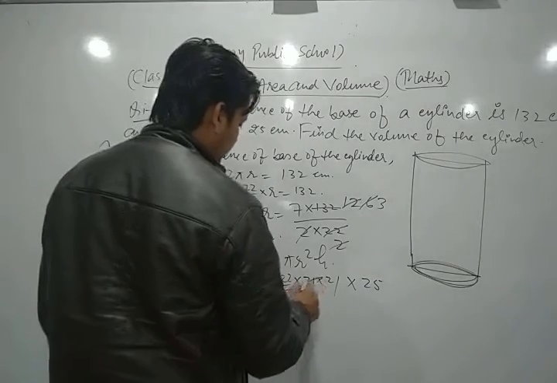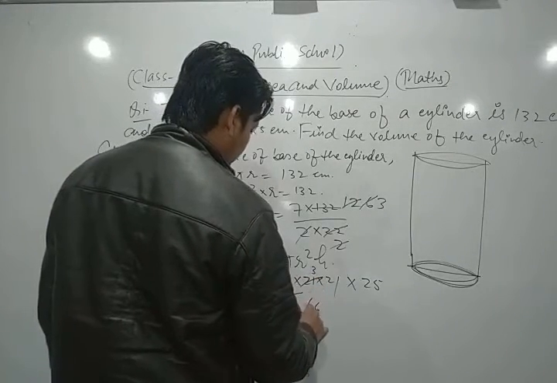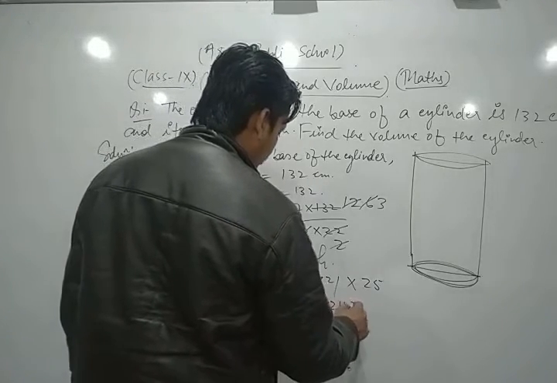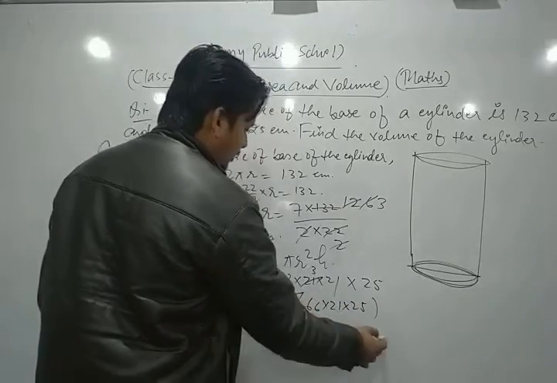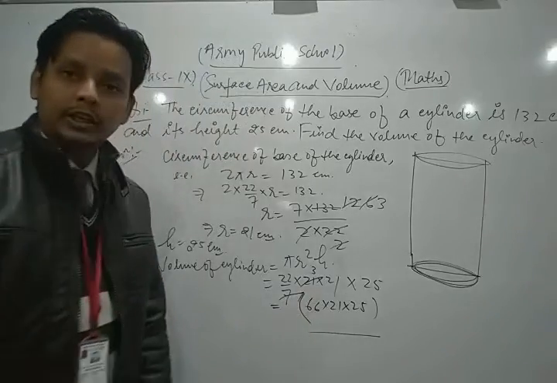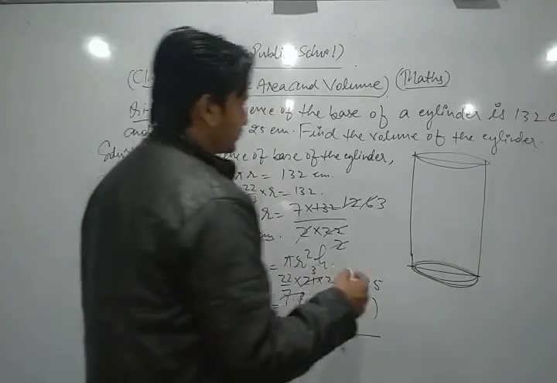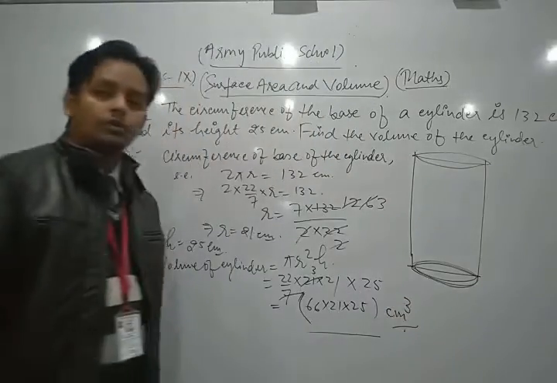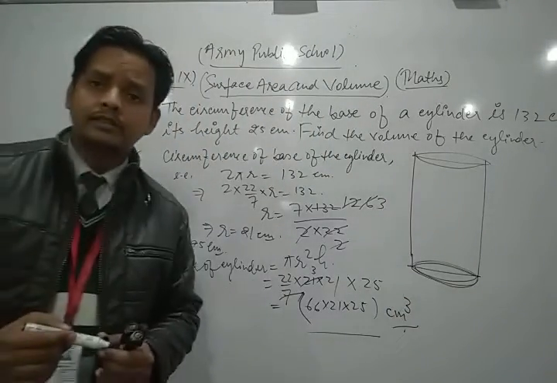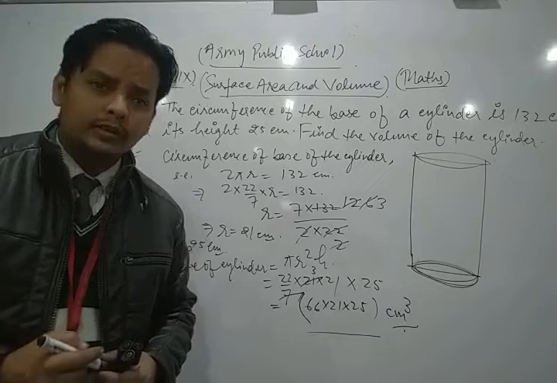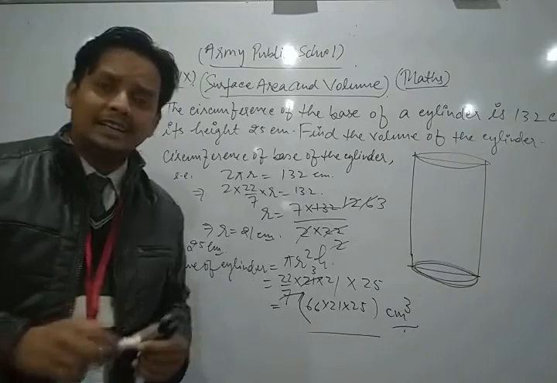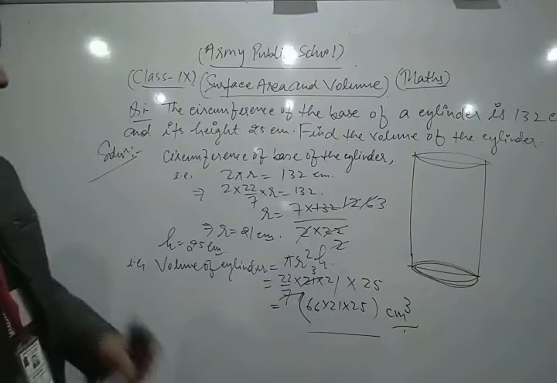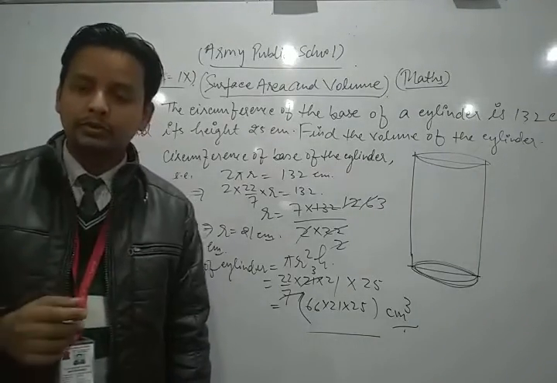Look, 7 into 3 is 21. This is 2 into 22 into 3, that is 66 into 21 into 25. Now you multiply them and you get your result in centimeter cube, because, dear students, the volume of the cylinder is always in cube unit. So in this way, dear students, you clear the concept and you can solve this type of question.